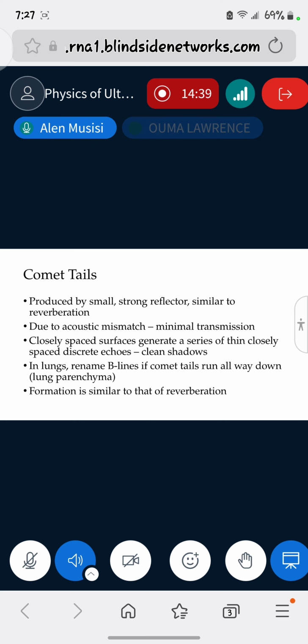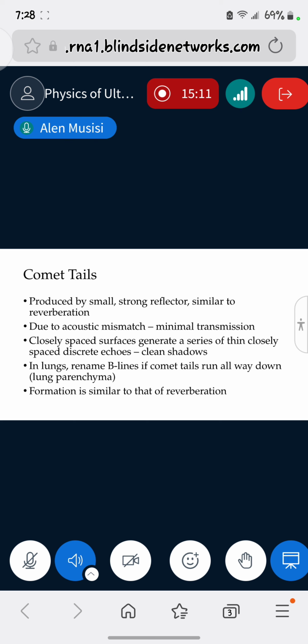So looking at this artifact in ultrasound, it looks exactly like a comet tail, but it is a result of reverberation. Reverberation is when the beam undergoes multiple reflections between highly reflecting interfaces.